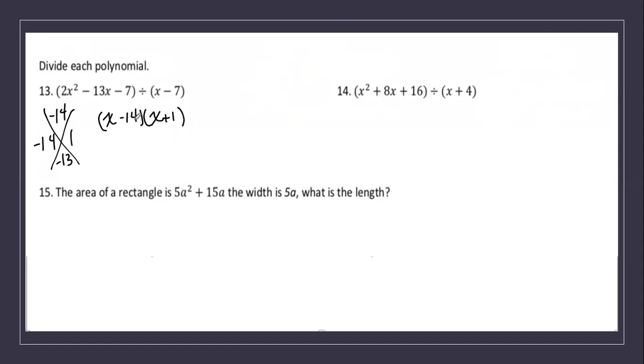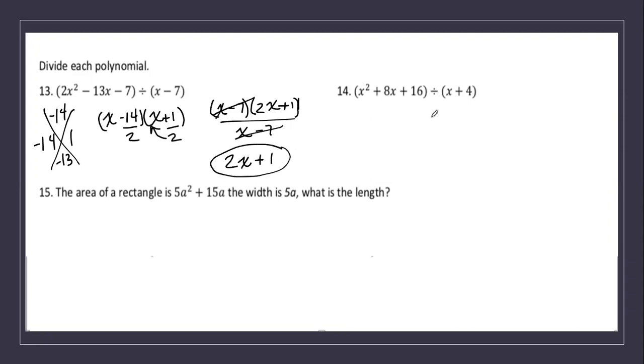And I need to divide by my leading coefficient, which is 2. I get x minus 7, write this out to the front, and 2x plus 1. And all over my denominator, which is x minus 7. Here I see I have like terms, so I can go ahead and cancel those. I end up with 2x plus 1 as my answer.